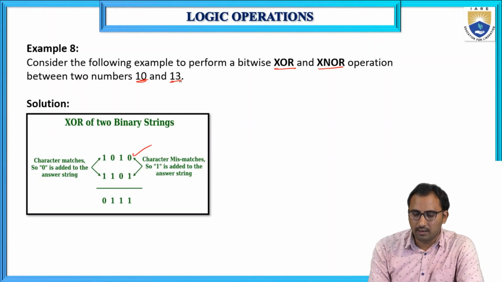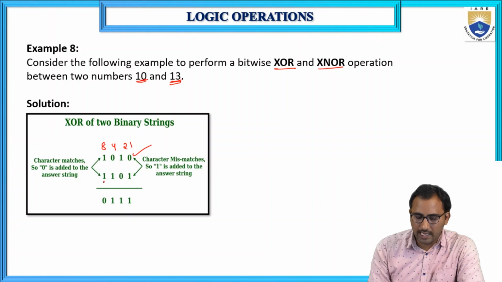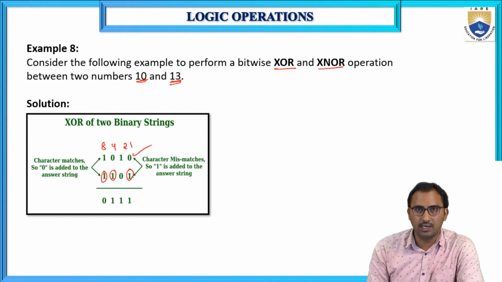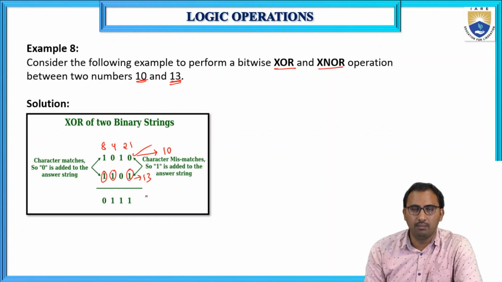Similarly, the binary equivalent of 13 in decimal is 1101, using the 8421 code. 13 means adding the weightage: 8 plus 4 is 12, plus 1 is 13. Similarly, this will be equal to 10 because 8 plus 2 is 10. In this way, we can write the binary number.